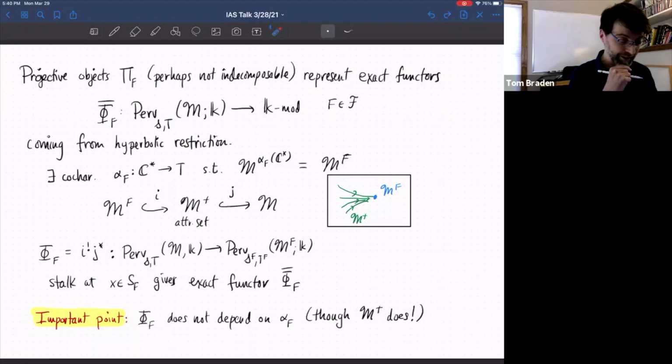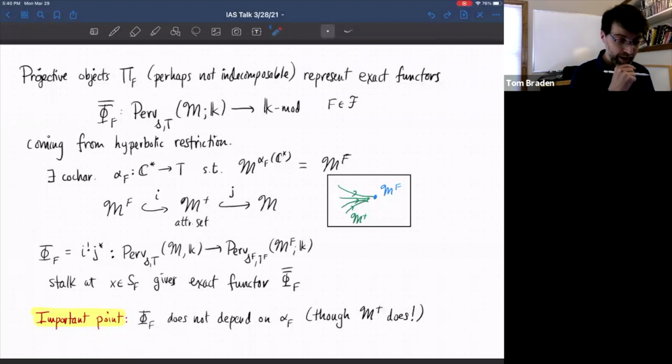And a theorem which we prove is that this is t-exact, and it will preserve the stratification and preserve equivariance. So it gives you a functor on these categories, and then you can take the stalk at a generic point of the fixed point locus, and that gives you the exact functor that you want to vector spaces.